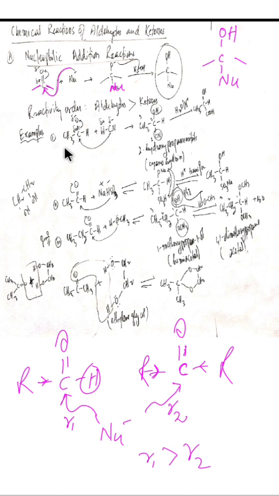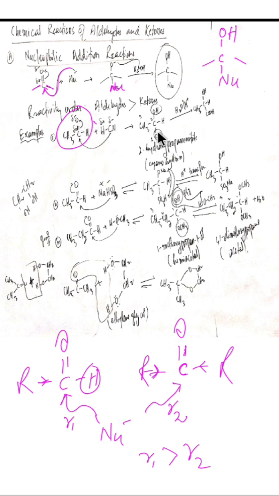Okay, now let me give one example here. This is our ethanal, with C double bond O. Okay, if it is reacted with HCN, CN minus is a nucleophile to attack this carbon atom. Hydrogen will be attached to this oxygen. So we will get this CH3CH(CN)OH. Okay, O will become OH after taking this hydrogen.